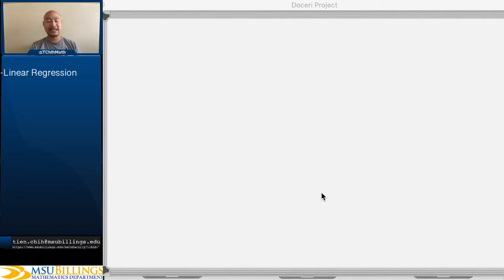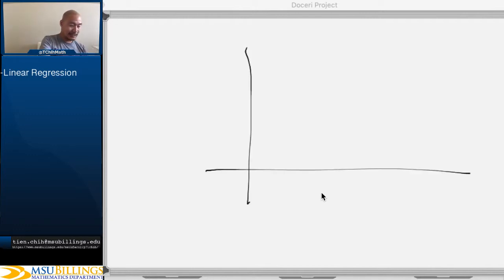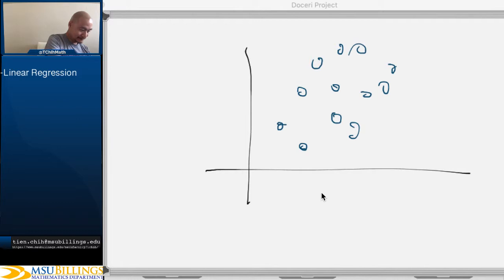And so let's think about what sort of a line would make sense there. So I'm going to go ahead and draw a bunch of points. There we go.